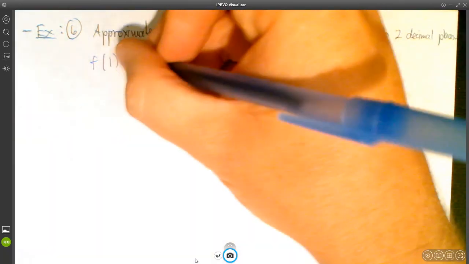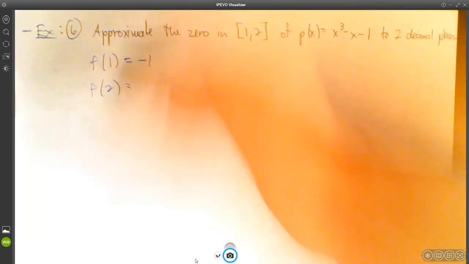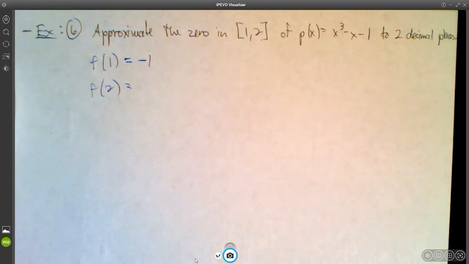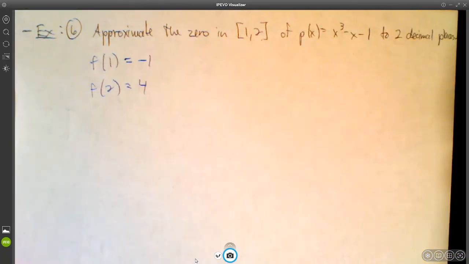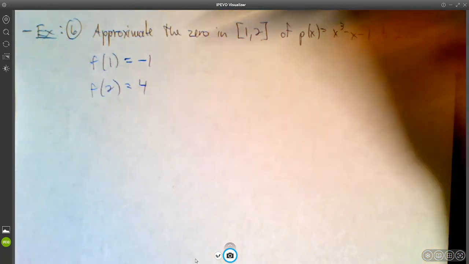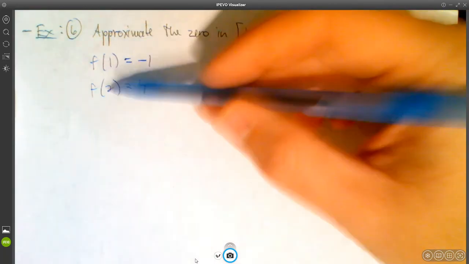So f of 1 is equal to negative 1. F of 2 is equal to 4. Sure enough, you have different signs, and this is a continuous function, which means f of x must be 0 somewhere between 1 and 2.